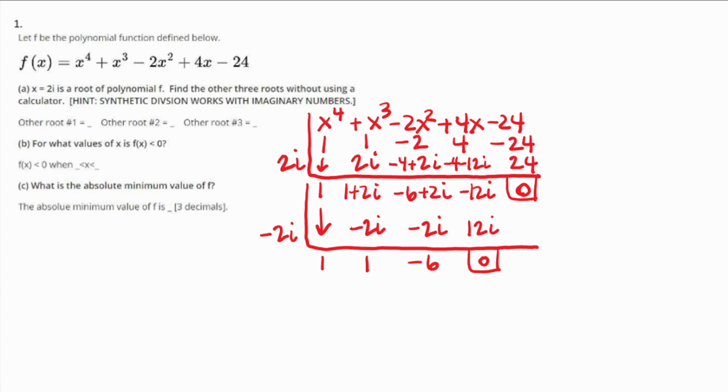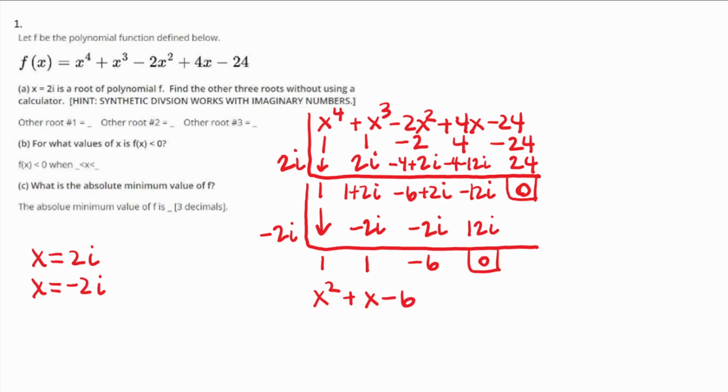Okay, and what we've got is x equals 2i. We saw that when we divided in the first thing, we got 0. x equals negative 2i. We saw that when we plugged in x equals negative 2i and got 0 out of the quotient. And now what we're left with is 1x squared plus x minus 6.